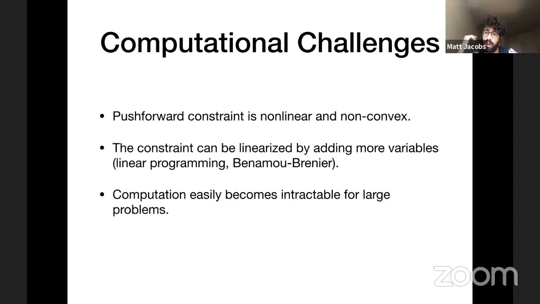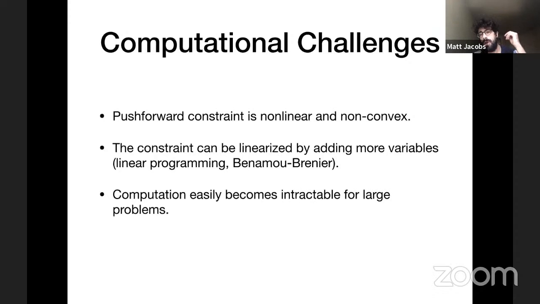If you try to apply linear programming, then you're essentially squaring the number of variables. If you do something like Benamou-Brenier, you're adding an extra time dimension. So again, you're enlarging the size of your problem, and computation can quickly become intractable if you want to solve some very large optimal transport problem.